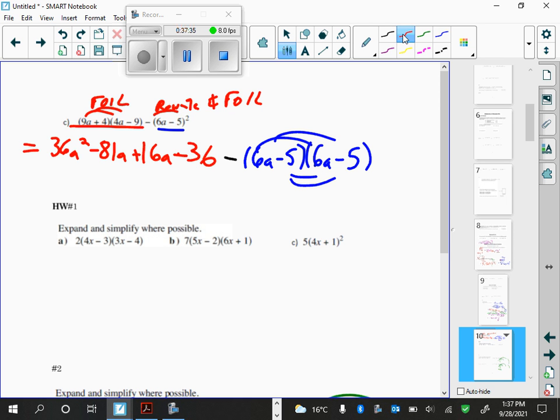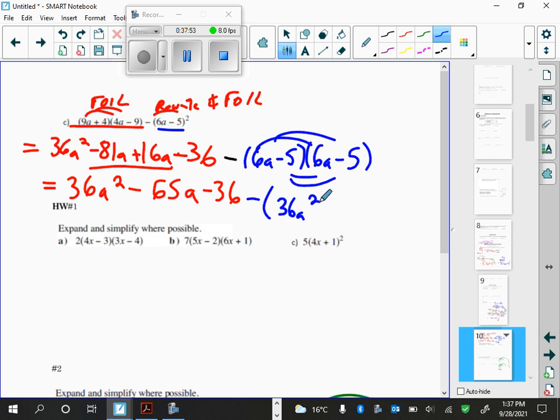Red part, collect like terms. What is it, 65a? Blue part, subtract bracket 36a squared, subtract 30a, subtract 30a, but I'm going to put ab. There's no ab. Pardon me. Subtract 38.